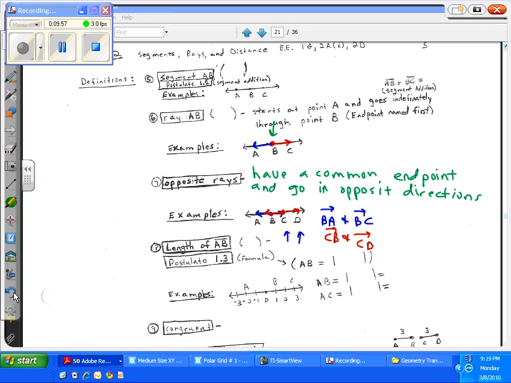So there's two pairs of opposite rays that we could name. You might also take note that this ray CB could have also been called ray CA because A is also a point to the left, okay? Opposite rays are two rays that have a common endpoint and go in opposite directions, okay?